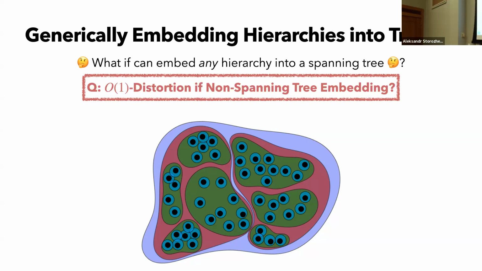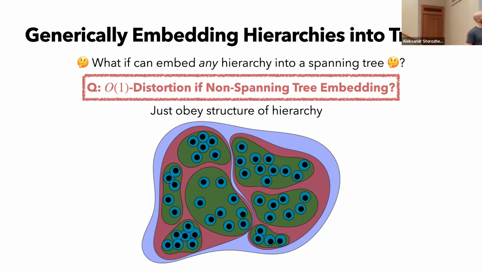Maybe imagine I can also add vertices if I want. I claim that I can come up with a good embedding of the hierarchy distances into a tree. And there's only one natural thing that makes sense here. Maybe I'll let somebody suggest it. For every cluster, yes, very good.